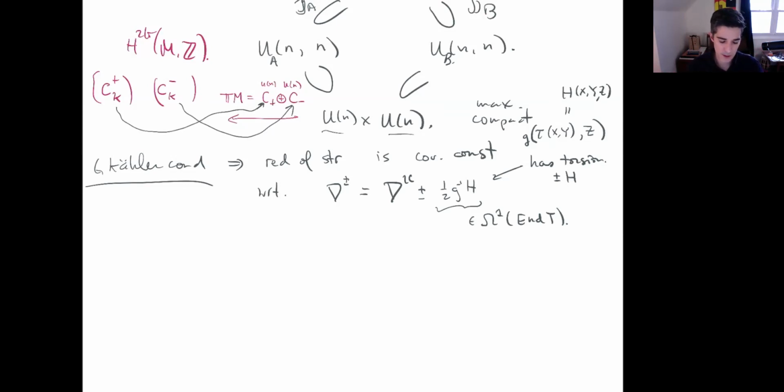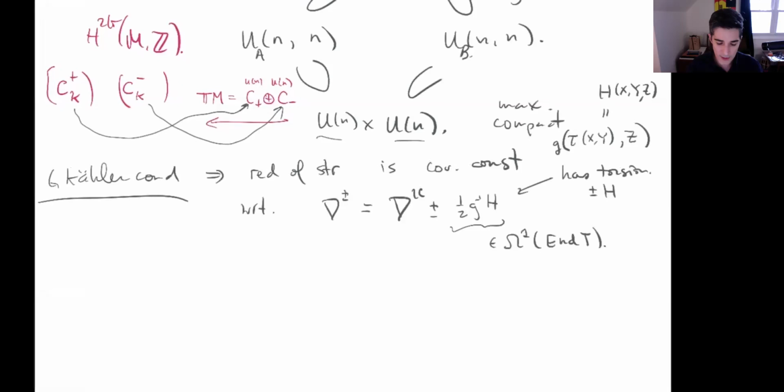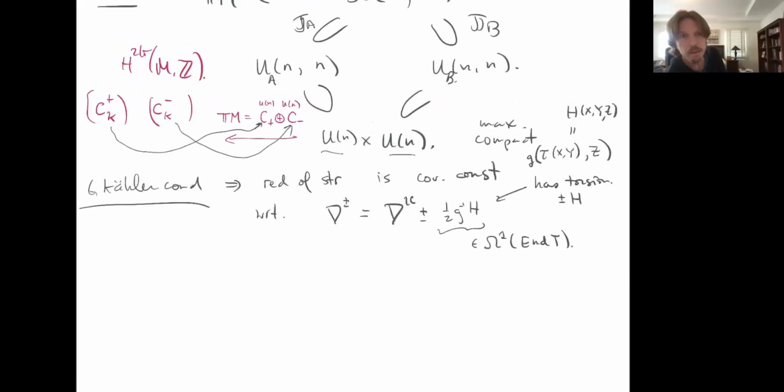I see. And what exactly, you say the reduction of structure is covariant constant with respect to these connections? What does it mean exactly? It means that you have these bundles, which I'm about to discuss in greater detail. But the point is that we have these bundles, right?